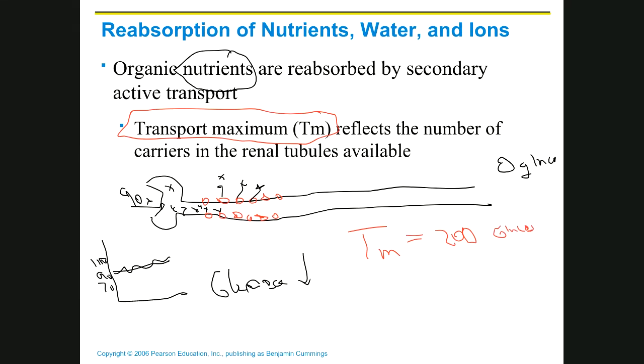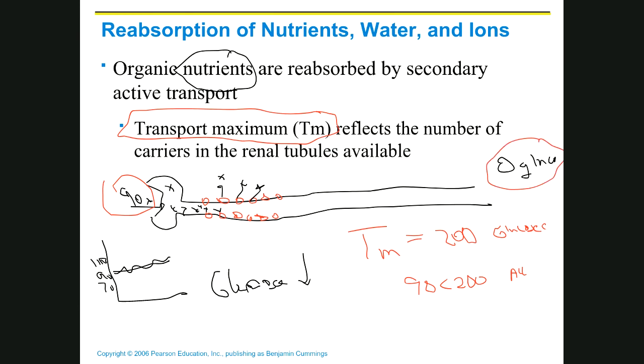Make sense? So what if it's 90? That's what a normal person is. 90 is obviously less than 200, which means I'm going to reabsorb all of the glucoses. So when I get over here, there's going to be 0 glucose.